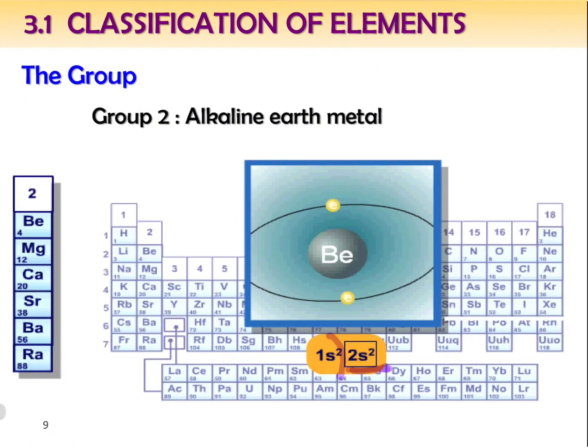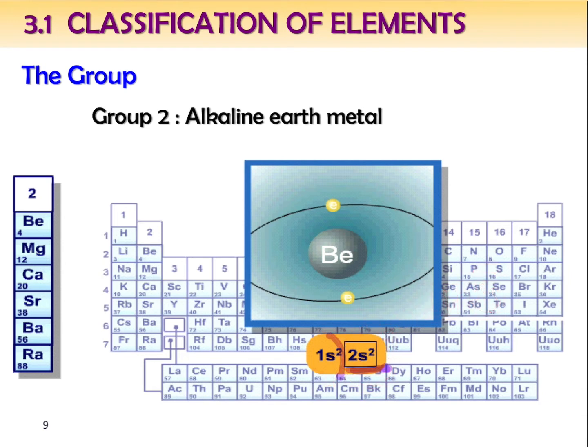So next we look at alkaline earth metal. You can see here beryllium. Beryllium has 4 electrons, so we write 1s2, 2s2. This is n equals 1, and this is n equals 2. So you have 2 valence electrons.